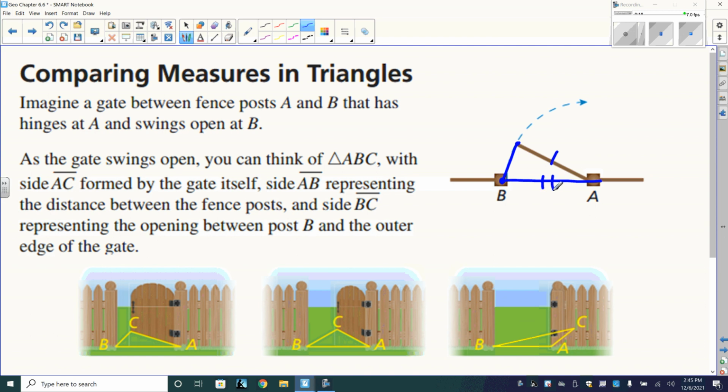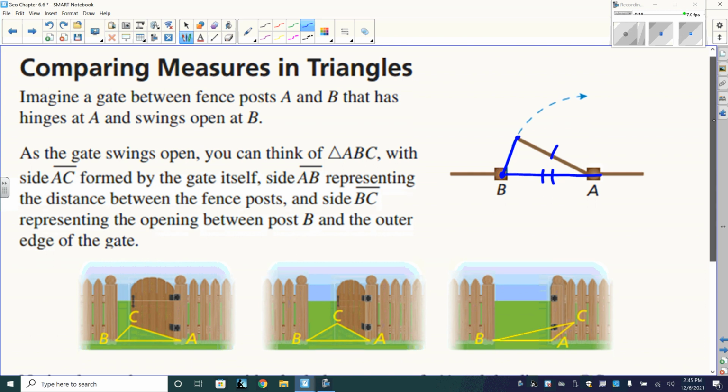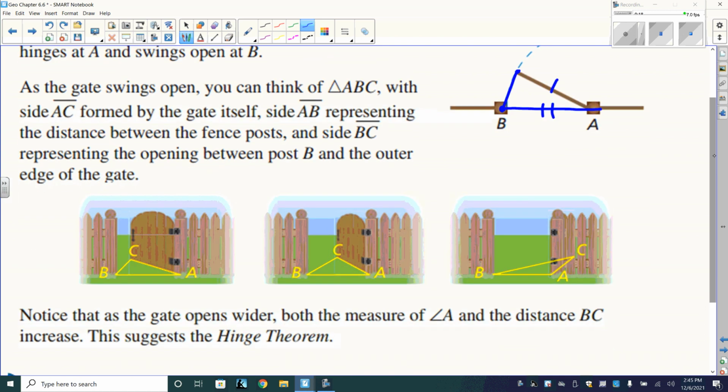The hinge theorem is dealing with two triangles with two sets of congruent sides and an angle in the middle. Now, if we look at this here with a gate, and as the gate opens, the angle here at A is doing what? It's getting bigger. And what's happening to the side length here?